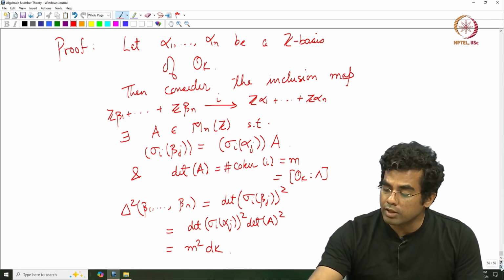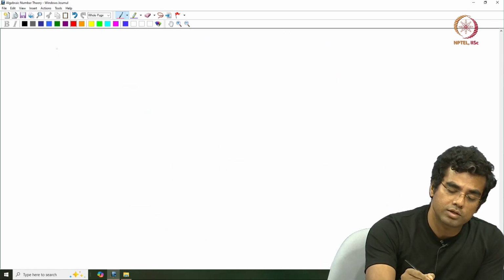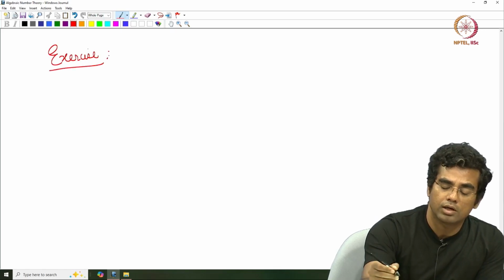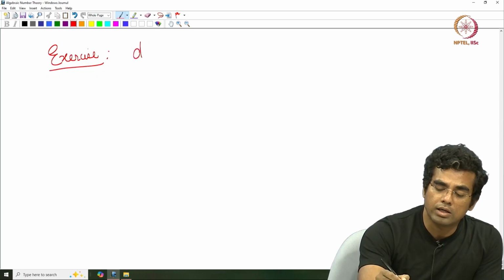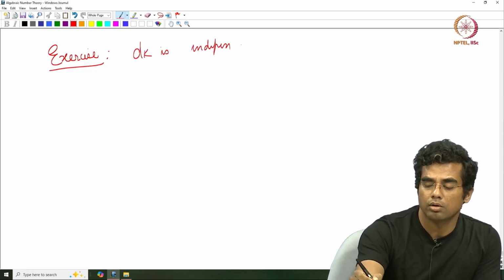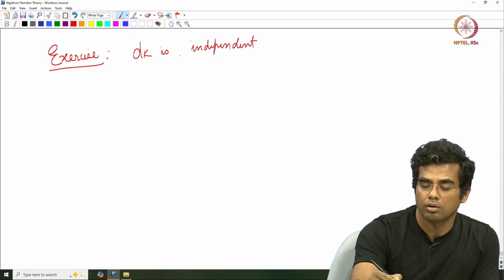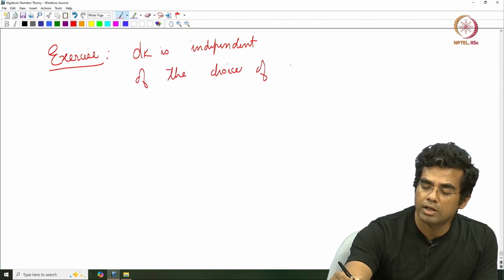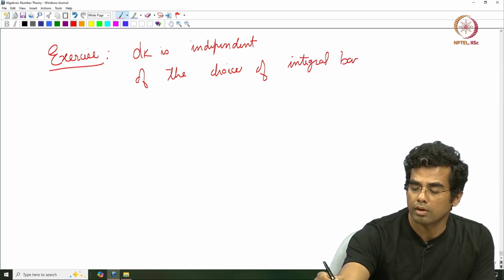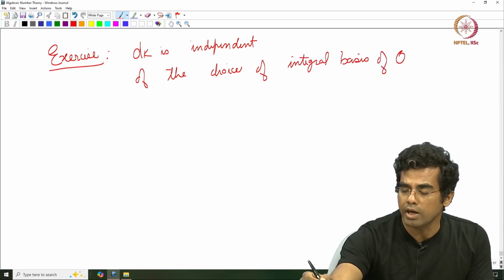One thing I forgot to tell you is maybe another exercise that I wanted to give, that d_K is independent of the choice of integral basis of O_K.